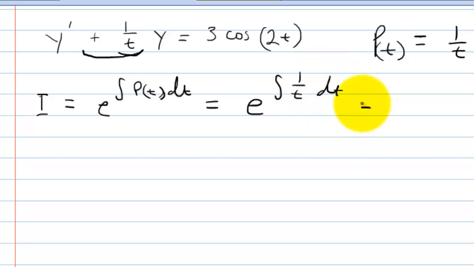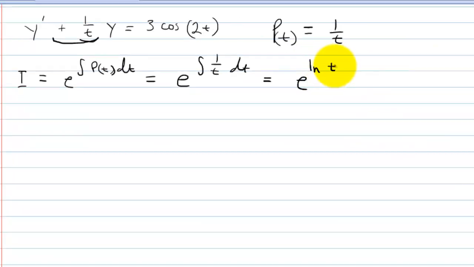Once you integrate this, you're going to get ln of t. By the way, when you're working with the integrating factor, you do not put the plus c here. The e and the natural log cancel, and you're just left with an integrating factor equal to t.